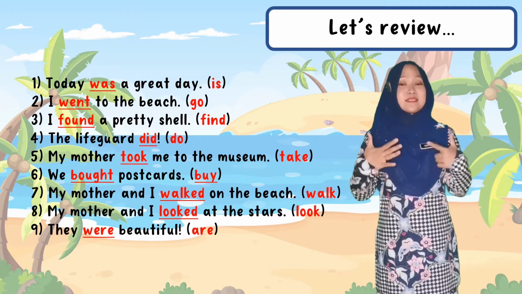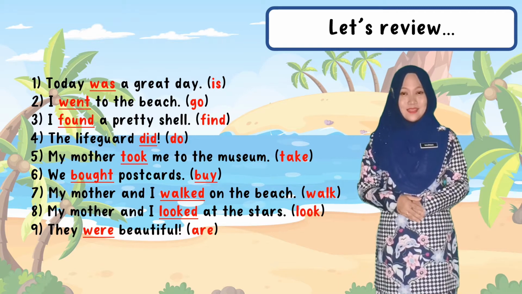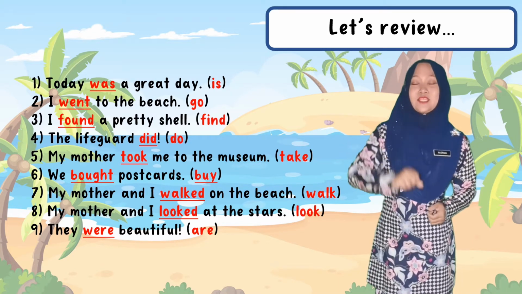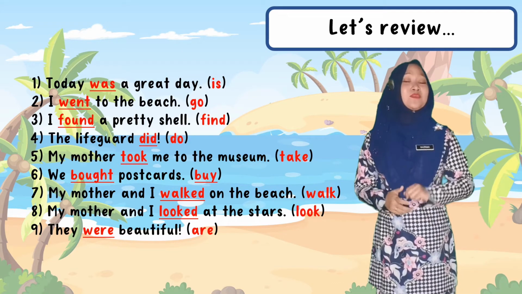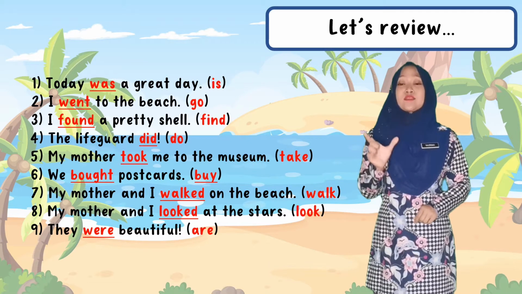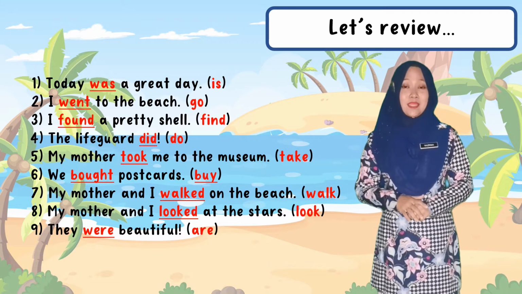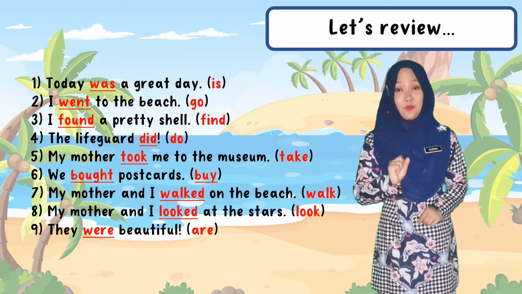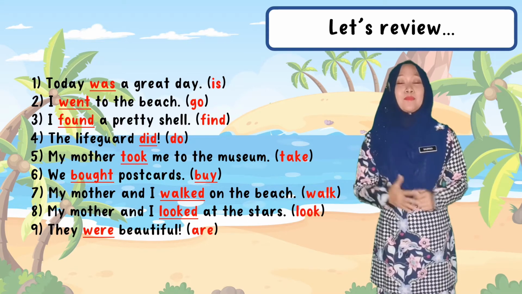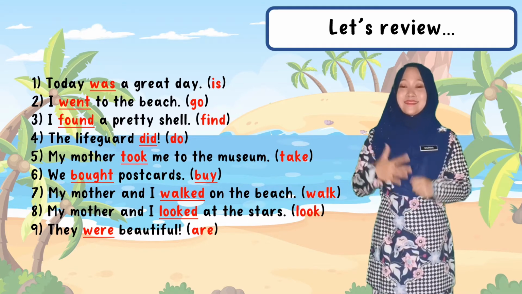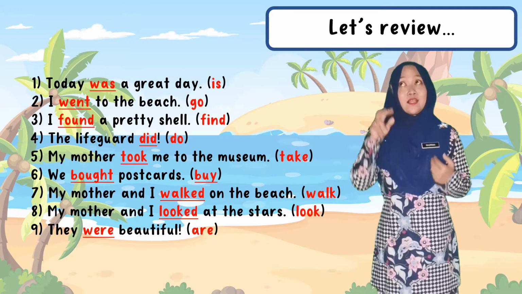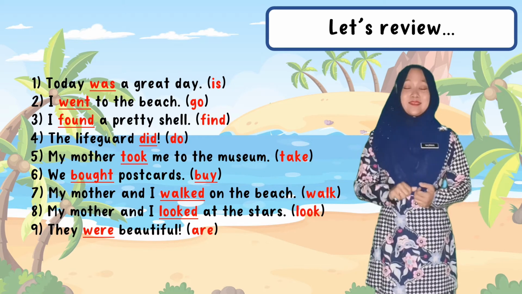Sentence number 7. My mother and I walked on the beach. I want you to look at the word walked. Walked with ed at the back is the past tense form of the verb walk. How about sentence number 8? My mother and I looked at the stars.